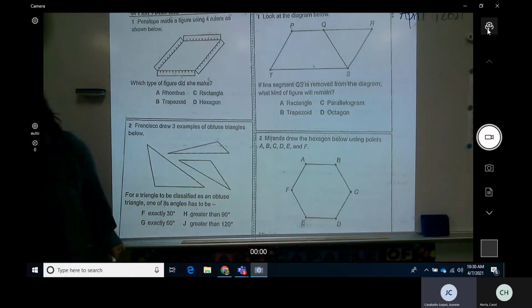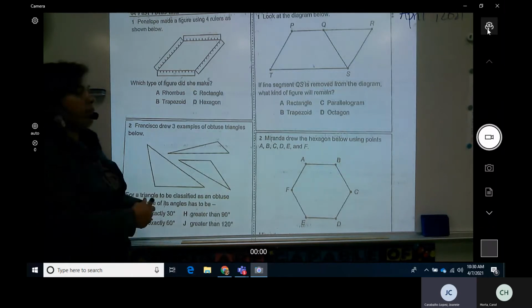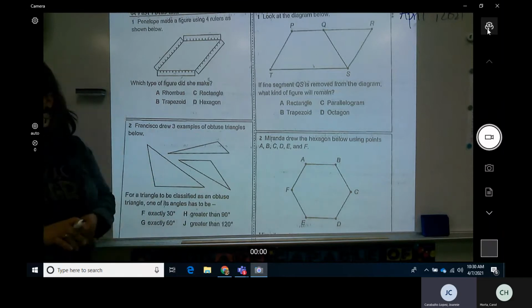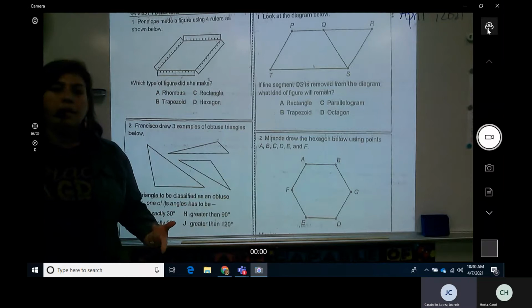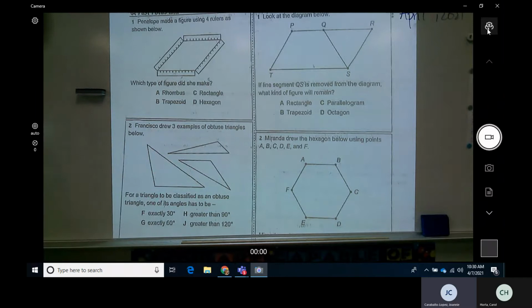Hexagon. How many sides does a hexagon have? 8, right? How many? 8. Okay, who keeps saying 6? You say 6. So look, a hexagon has exactly 6, it doesn't have 8.